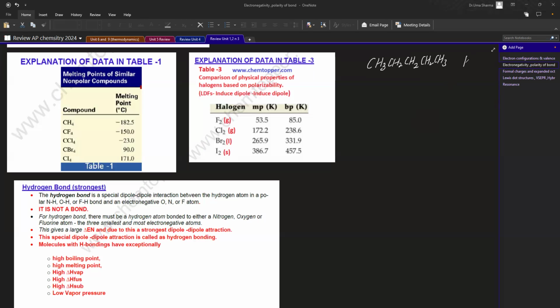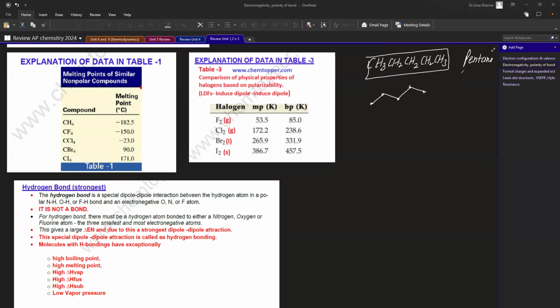This is pentane. You can see 5 carbons. This is a straight chain compound. All carbons are in the chain. If I draw it like this, 1, 2, 3, 4, these are carbons.